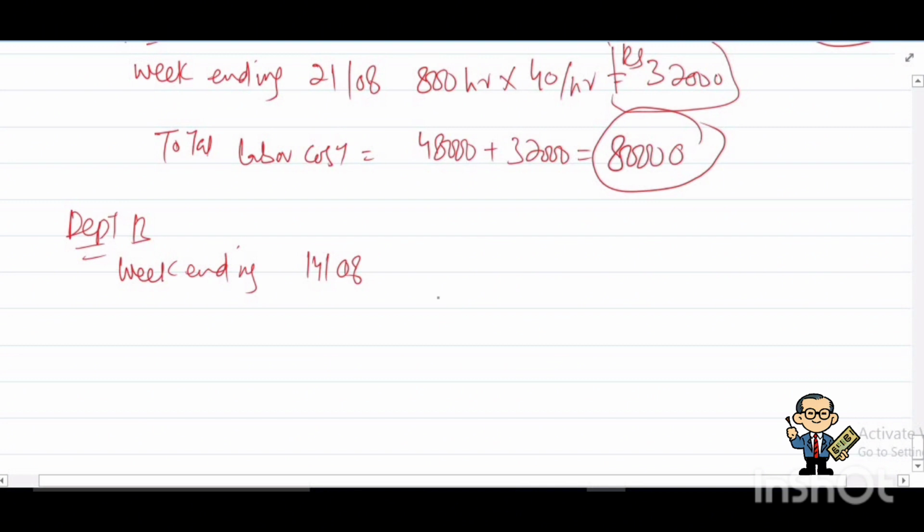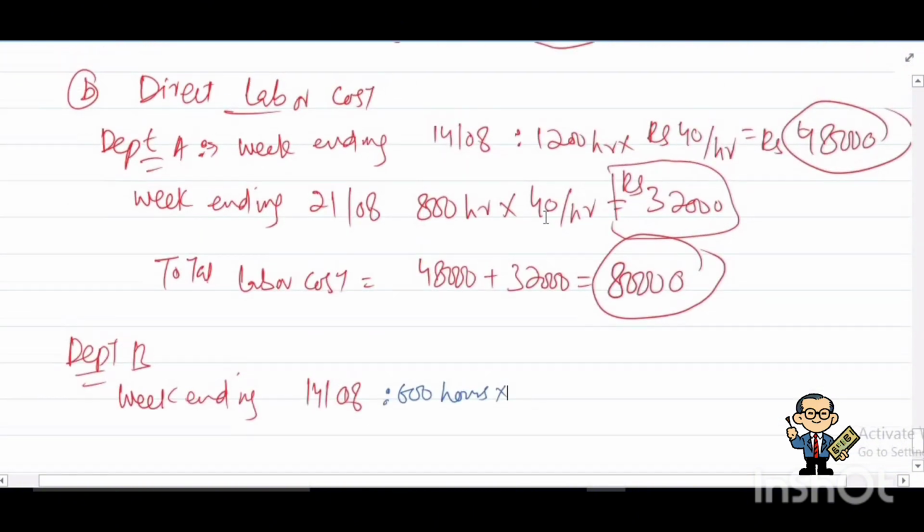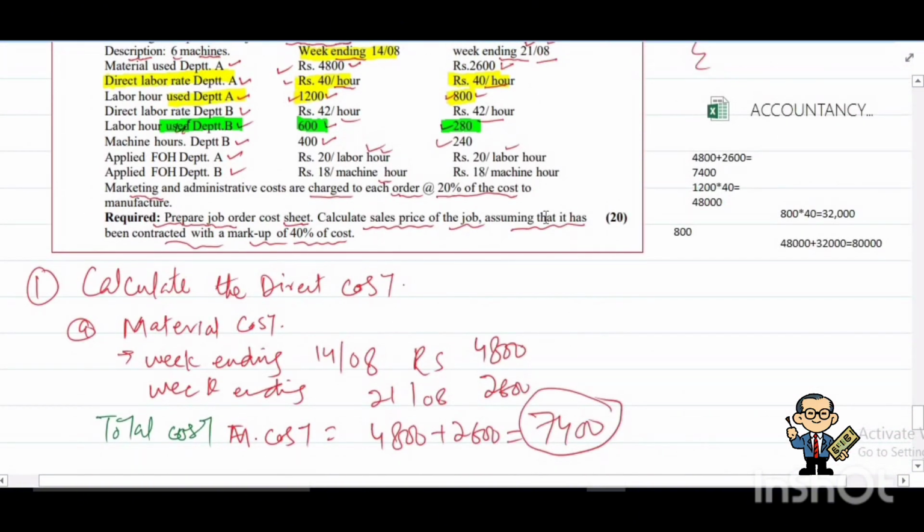So let me write here. Week ending 14/8. So this is the 600 hours, and the rate for the department B was 42.